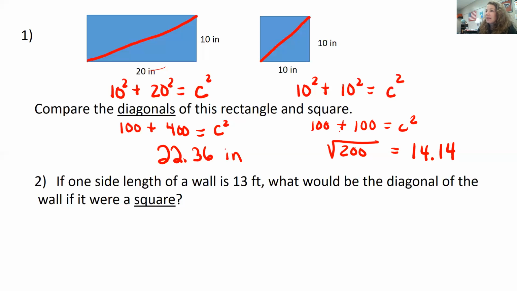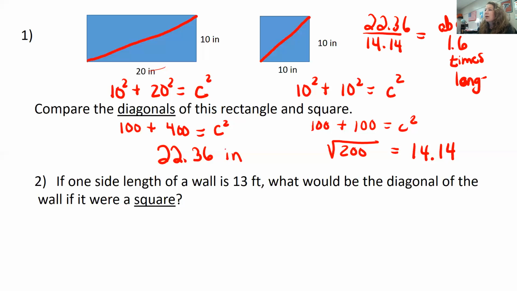All right, so anyway, if they want us to compare, one way to compare is by saying, okay, how many times bigger is one than the other? So one way to figure that out is we could divide 22.36 by 14.14, and we could say it's about 1.6 times larger, or longer, because we're talking about a length, right?